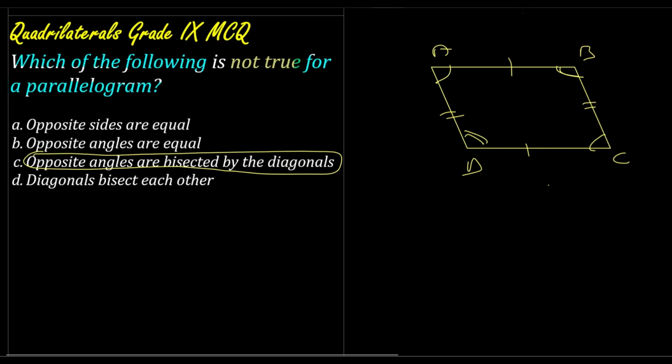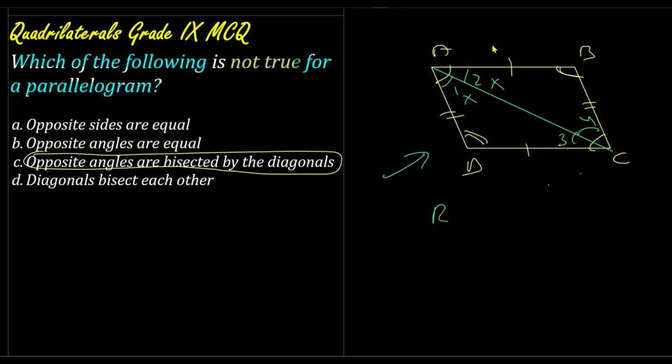That's not true, right? Let's say if I join this AC, here these two angles may not be equal. Angle 3 may not be equal to angle 4. This is true in case of a rhombus and a square, where the diagonals bisect opposite angles. So this is incorrect.